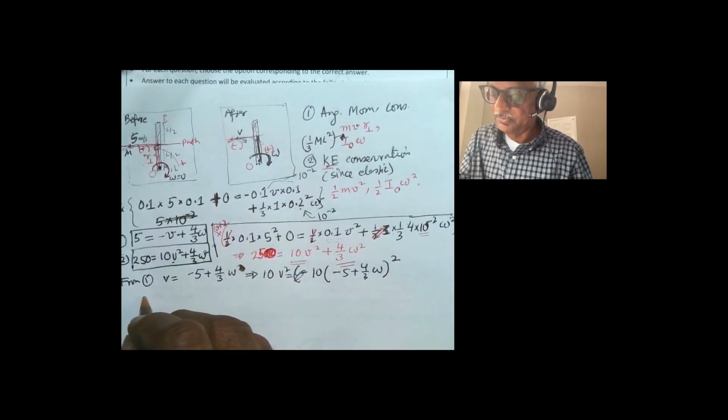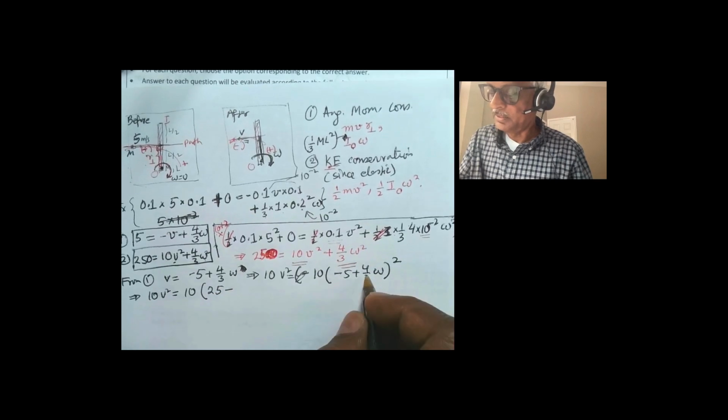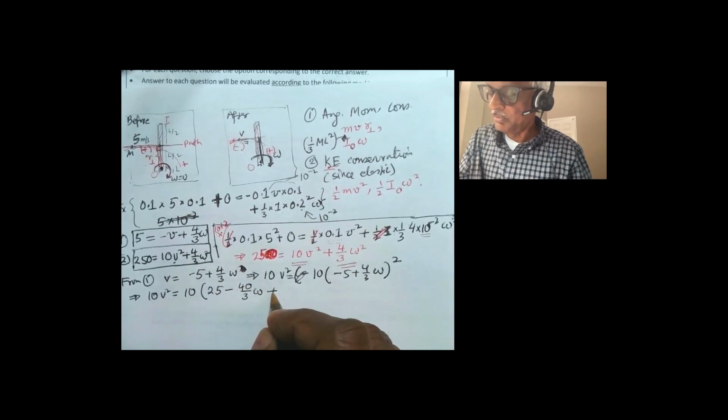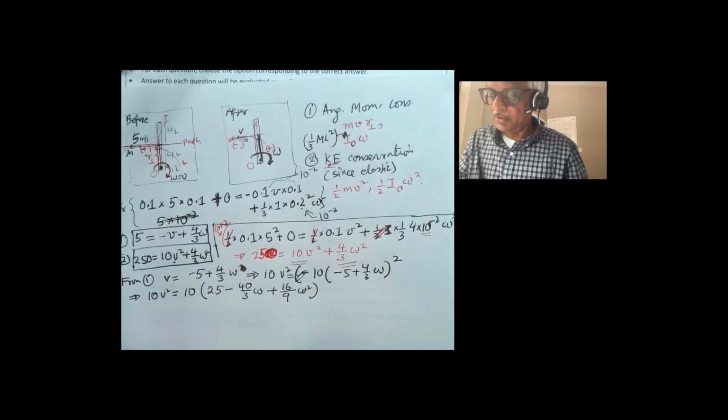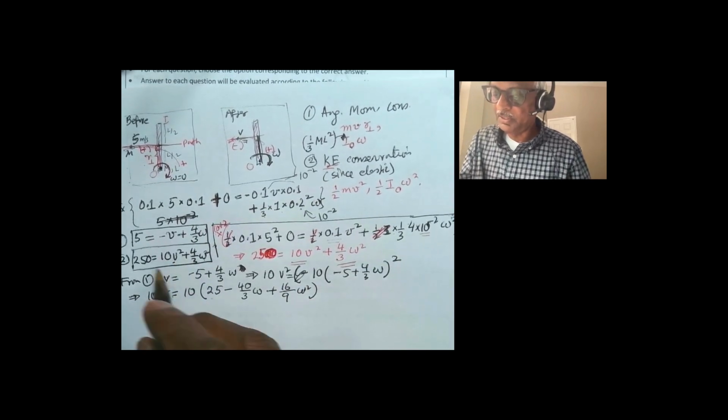So that will mean 10 v square is equal to 10 times a square plus b square, right? So 25 minus 40 over 3 omega plus 16 over 9 omega square. And so I plug in there, you can see 250 already cancelled that side.